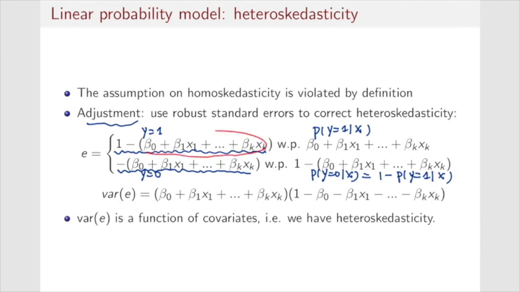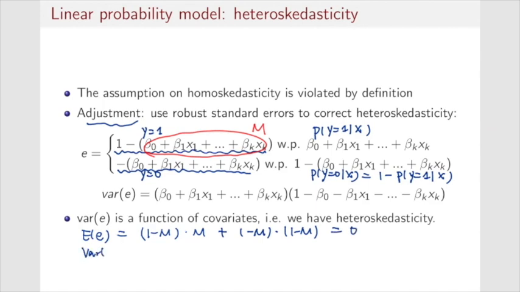Suppose we denote this linear combination term as a big M. First, notice the expectation of the error term is 1 minus M times the probability, which is M, plus minus M times the probability 1 minus M, which is equal to 0.